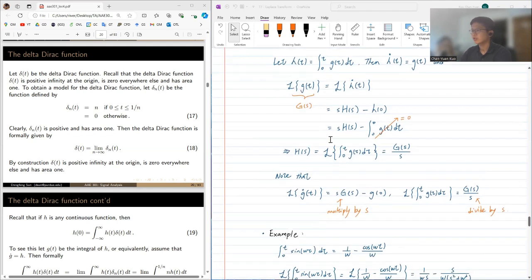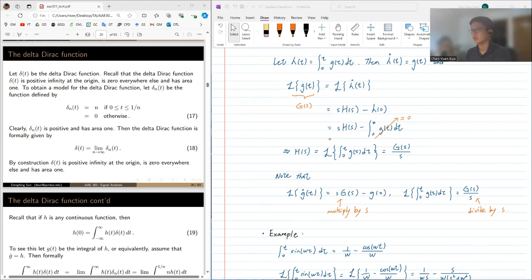Here I would like to show you a comparison between the two properties that we have just talked about. When we look at the Laplace transform of the first derivative of g, what we get in the end is s times the Laplace transform of g minus some constant, g of 0. When we look at the Laplace transform of the integral of the function g, what we get in the end is the Laplace transform of g over s.